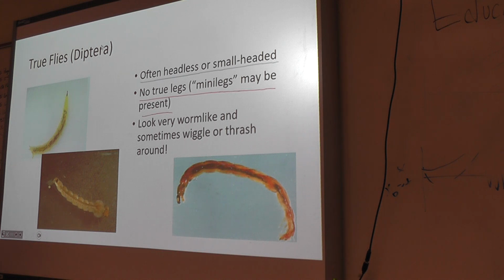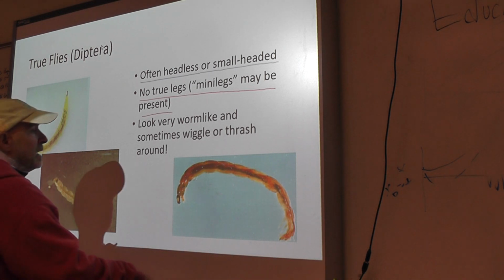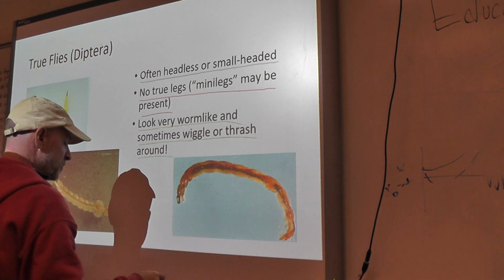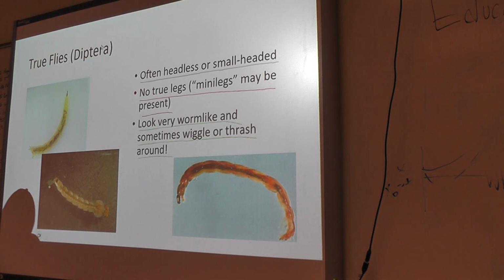So if you see things that look more like worms than anything else, now it's possible that we'll see some actual worms today. That happens. But if we see organisms that look like worms but aren't, they're almost certainly true flies, Diptera.